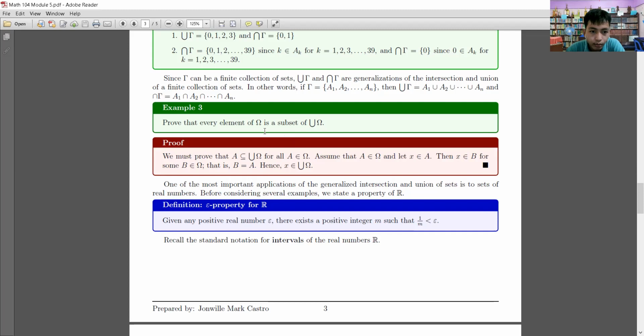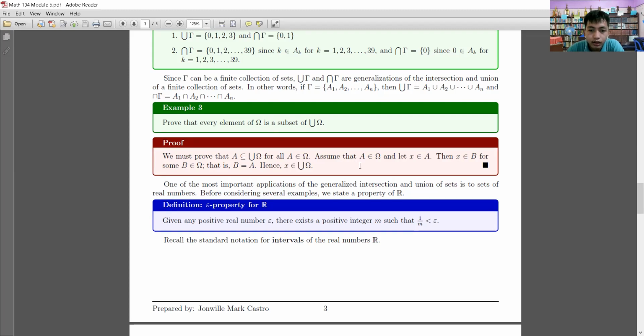So, kailangan nating i-prove na yung A is a subset of the union of omega for all A. So, yung A natin ay isang set. Kasi yung laman ng omega is a finite collection of sets. Okay? So, similar sa tau.